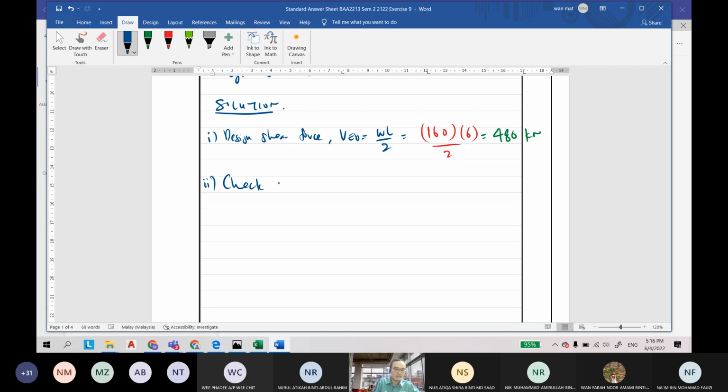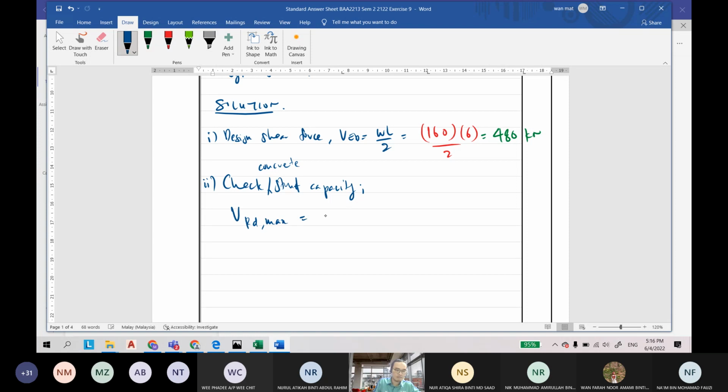Then we check the concrete strut capacity. The equation is still similar.